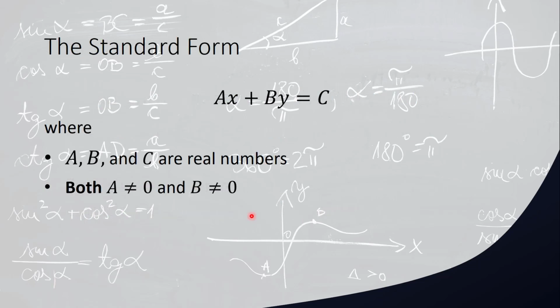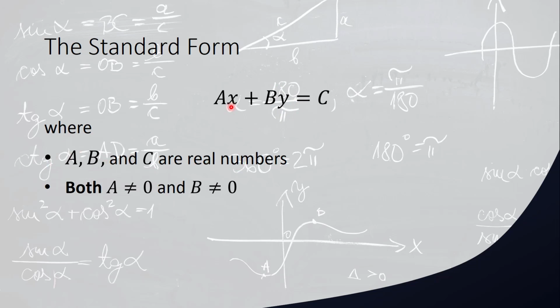Okay, well, let's first talk about the standard form of a linear equation. It is going to be represented as some real number a times our independent variable x plus some other real number b times our dependent variable y, which will be equal to yet another real number, which we will call c. Yes, a, b, and c are real numbers.